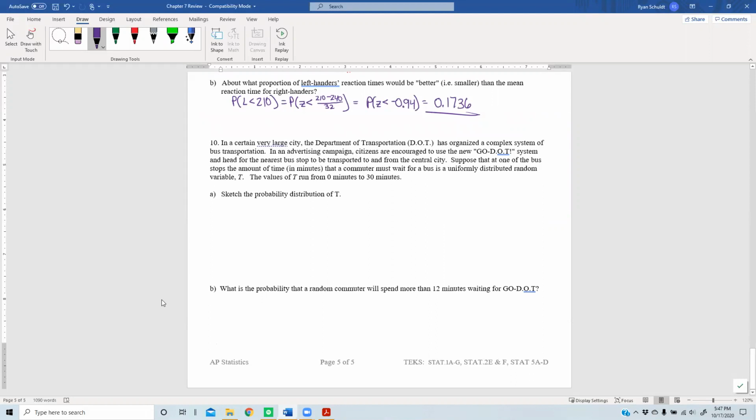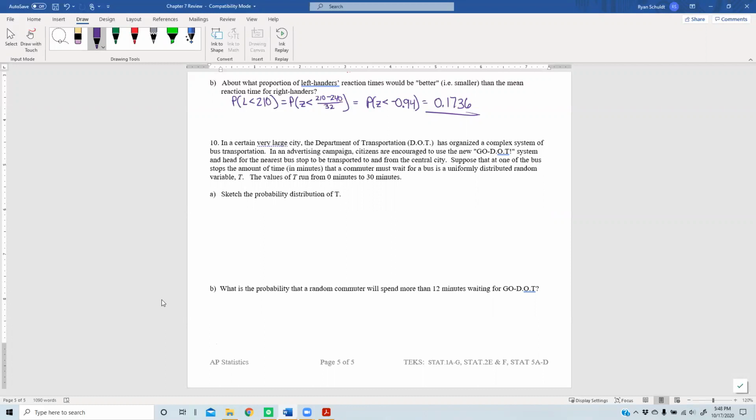Okay, last one. In a certain very large city, the Department of Transportation has organized a complex system of bus transportation. In an advertising campaign, citizens are encouraged to use the Go DOT system and head for the nearest bus stop to be transported to and from the central city.